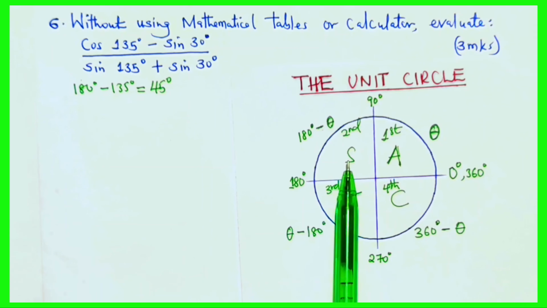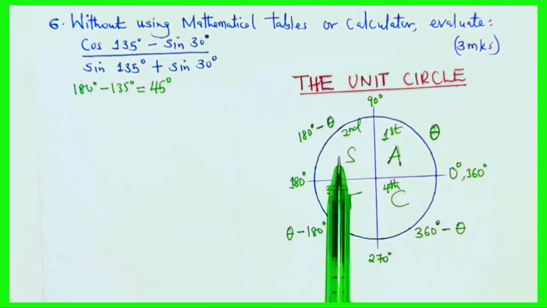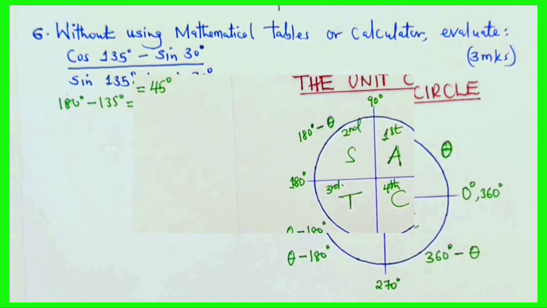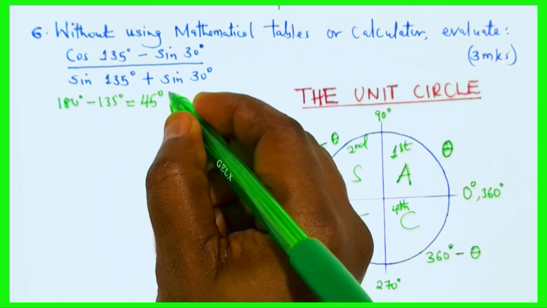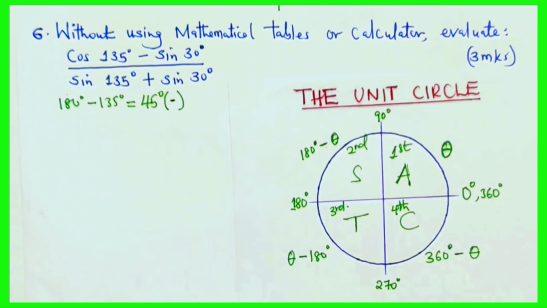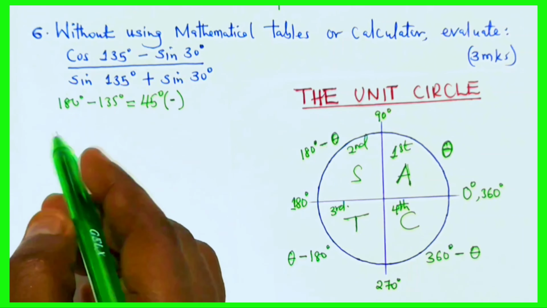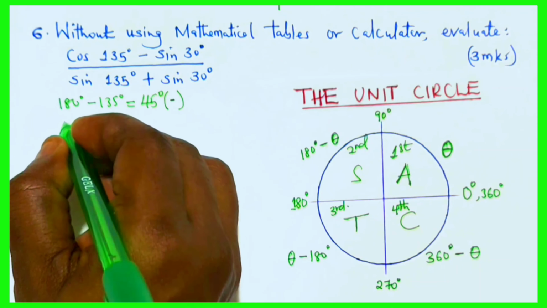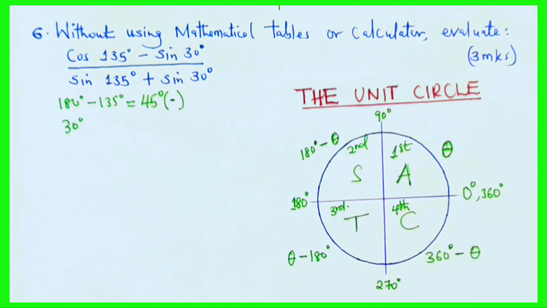For the second quadrant, it is the sine only that is positive, so the cosine of an angle in the second quadrant is definitely negative. So we are going to consider the fact that this one will be negative here, and then the second one is the angle 30 degrees.